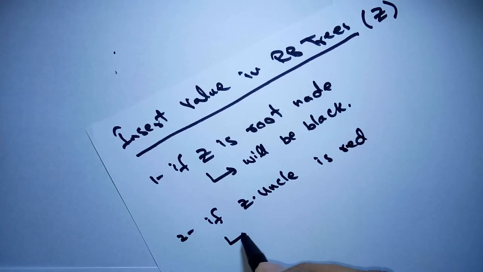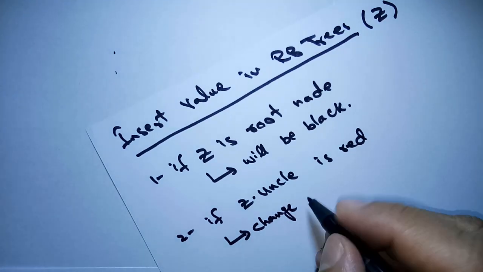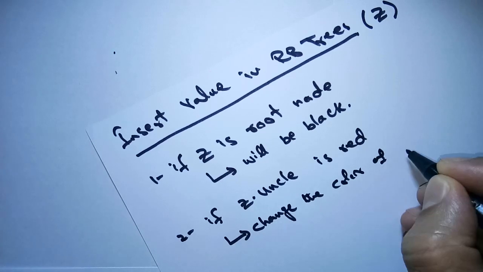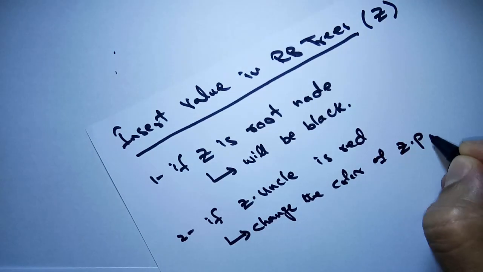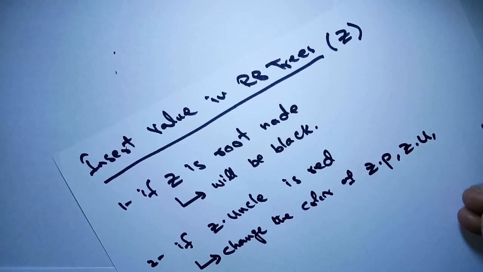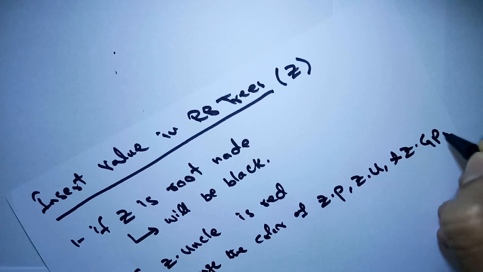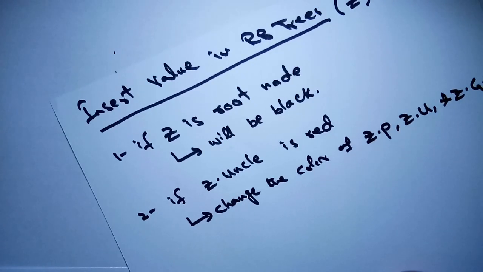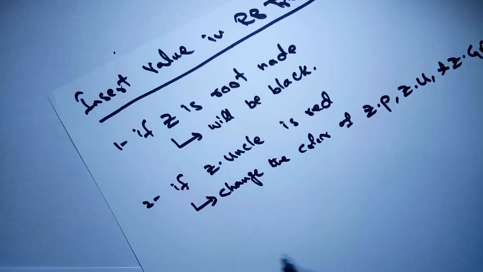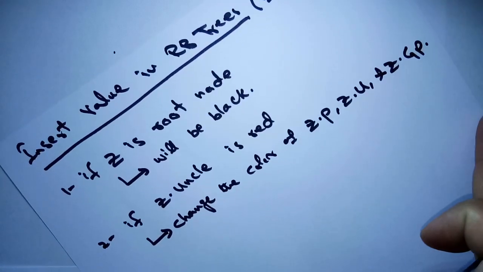Change the color of Z dot parent, Z dot uncle, and Z dot grandparent. So if the color of the uncle is red, change the color of its parent, its uncle, and its grandparent. We'll see some example and we'll understand.